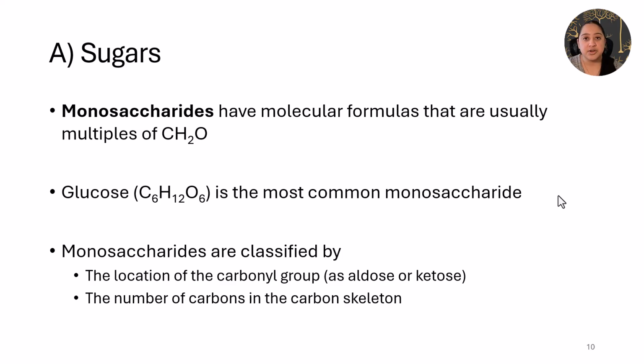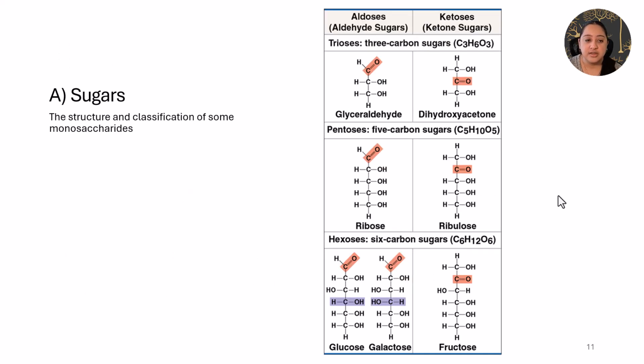Monosaccharides are classified by the location of one of the functional groups, the carbonyl group, and the number of carbons in the carbon skeleton. So we'll look at some pictures. For example, trioses have 3 carbons in this sugar.